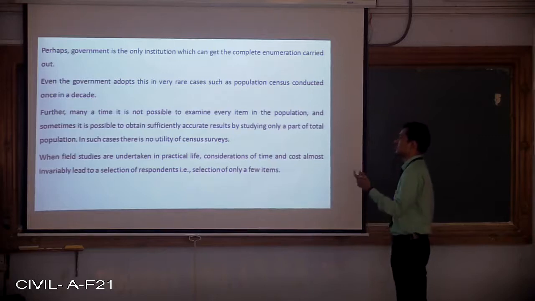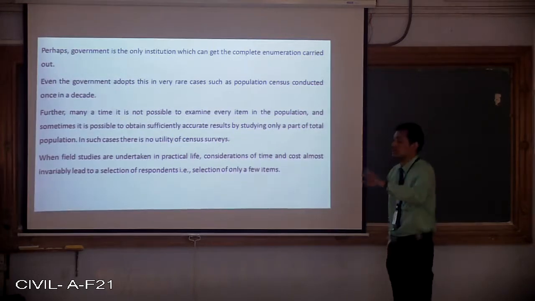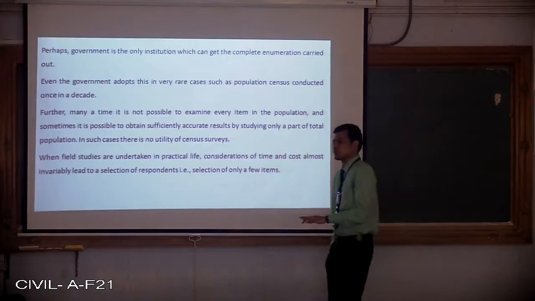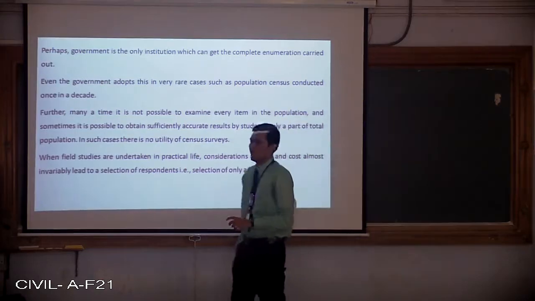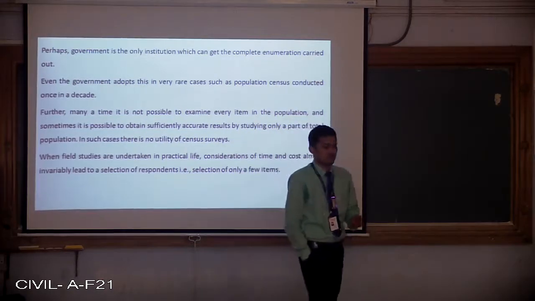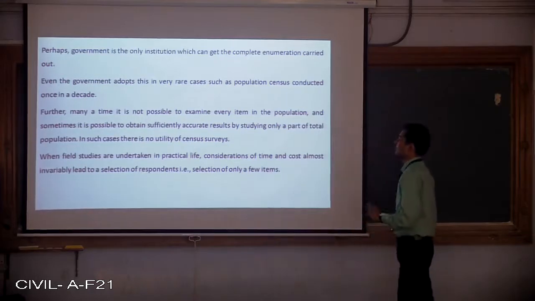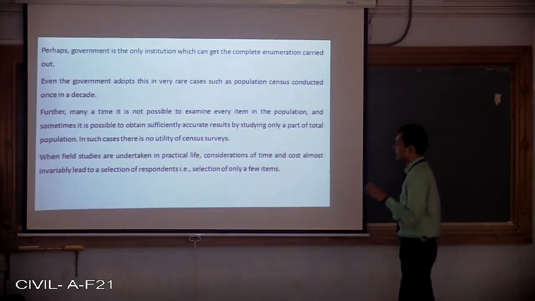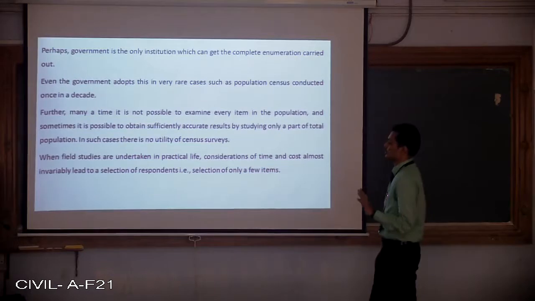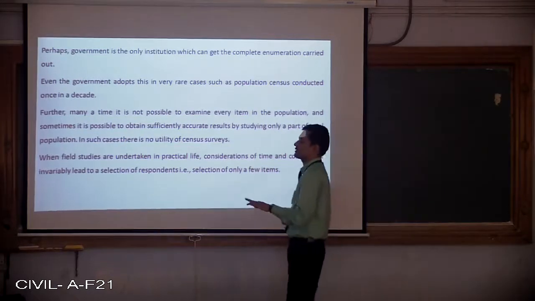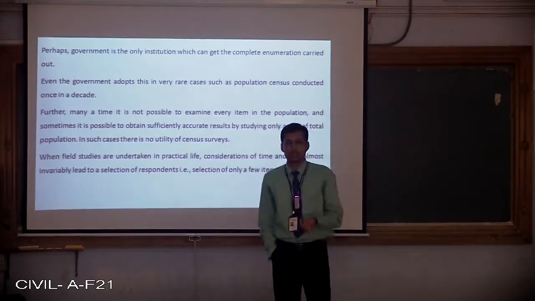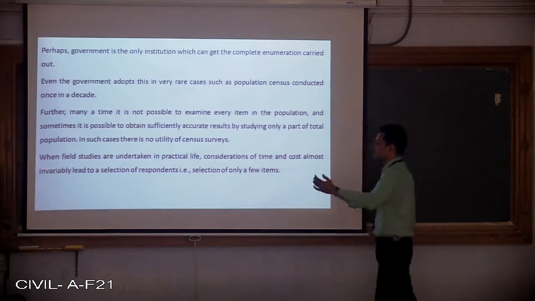Everything in a population cannot be handled at a single moment. Sometimes only on a sample study you may get the results. You cannot take the entire global level and study.